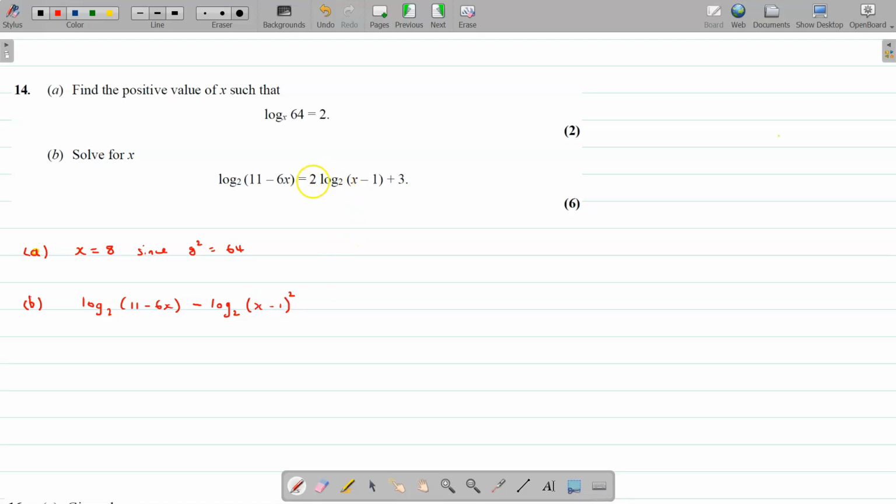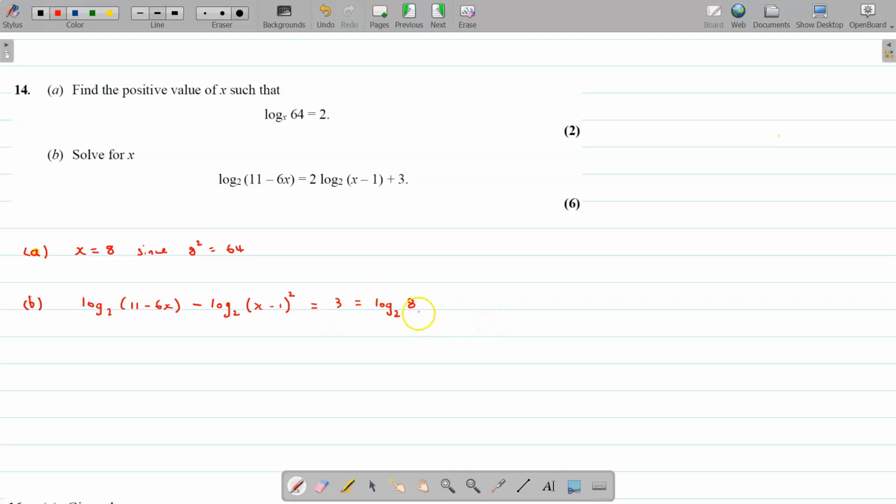In other words, I'm bringing this 2 up to here, and then that equals 3. But I'm also going to make a note that 3 is the same as log to base 2 of 8, because 2 cubed is 8.